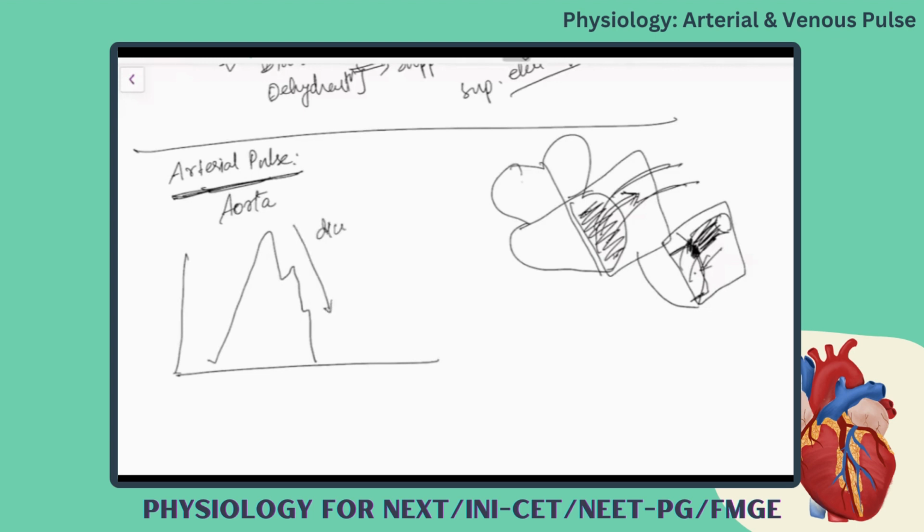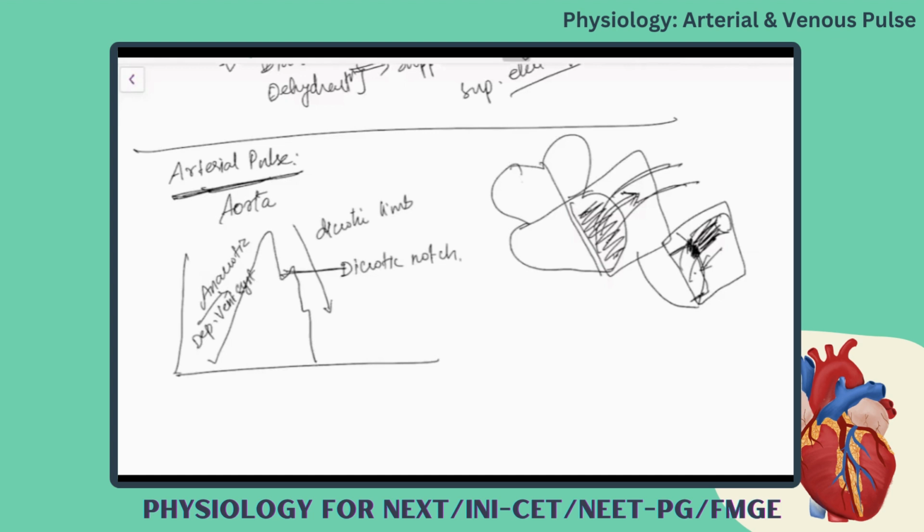This is dicrotic limb and this is anacrotic limb. And here you have a small notch called as dicrotic notch. This anacrotic limb is due to the depolarization during ventricular systole.